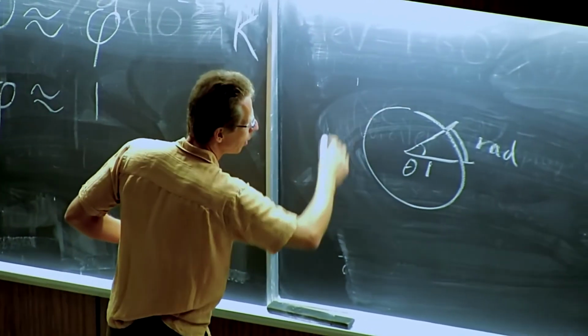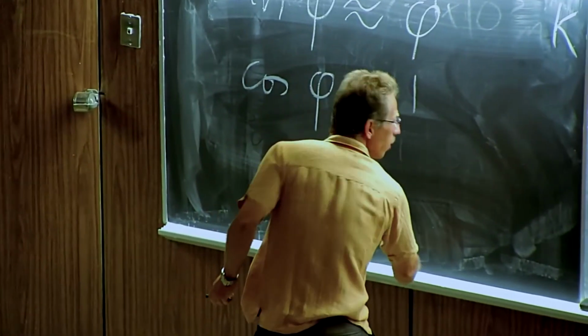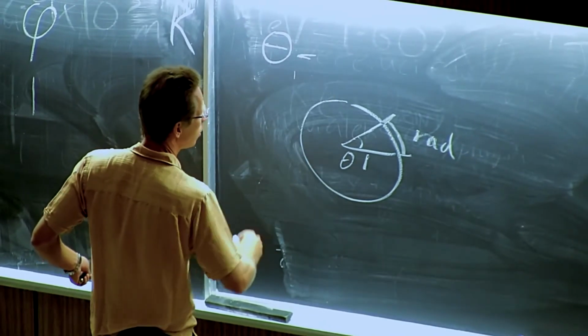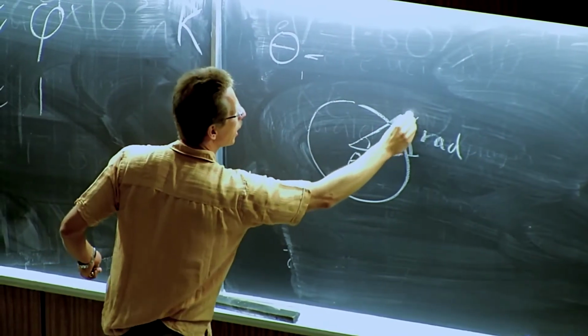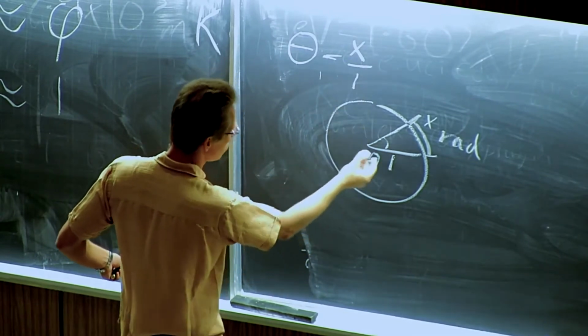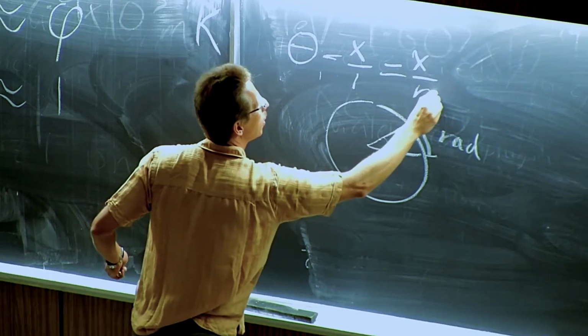So when you go all the way around, it's 2 pi. And therefore, theta is simply this distance x divided by 1, since this is a unit circle, or more generally, x divided by the radius.